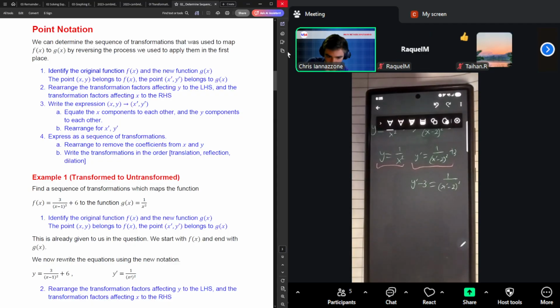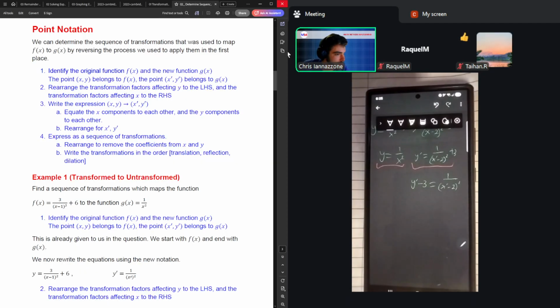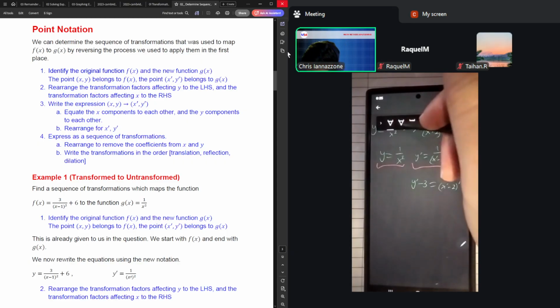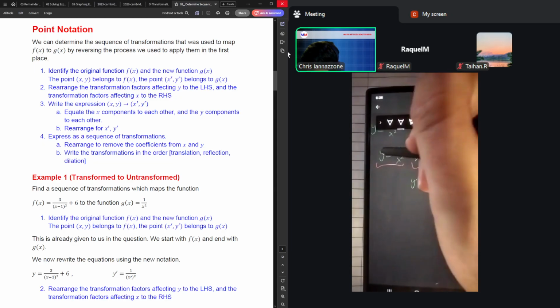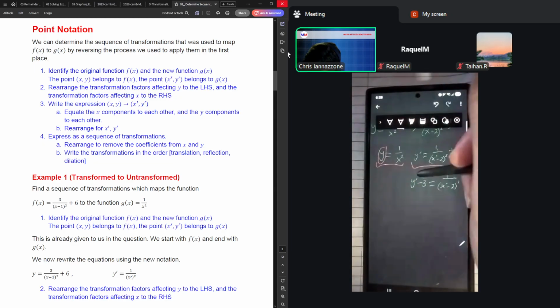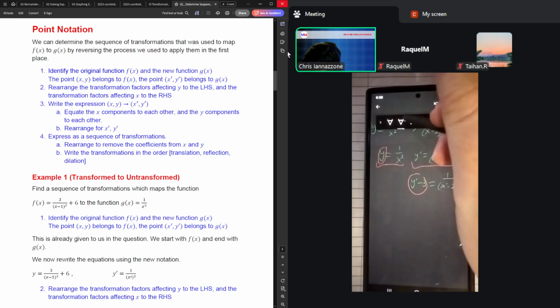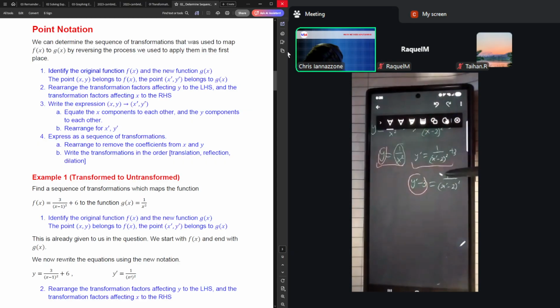Cool. Okay. Step 3, write the expression. So mapping the xy to the new x dash y dash. The way we do that, we have these 2 functions now. So all we're doing is making the left-hand sides equal each other and the right-hand sides equal each other. That's all we're doing.